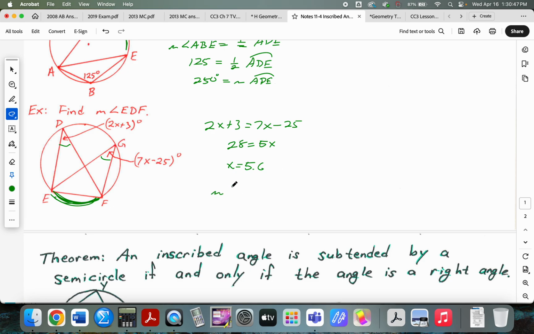So then the measure of angle EDF is 2 times 5.6 plus 3. See, that's 11.2 plus 3 is 14.2. 5.6 is just x? That's not the angle. Oh wait, I'm sorry, no. Okay.